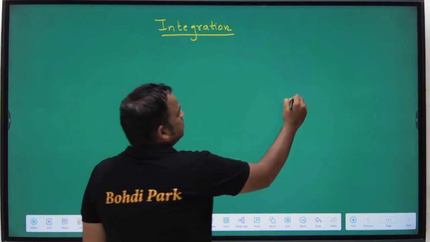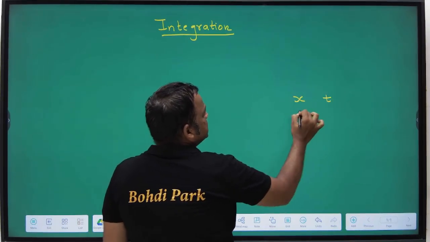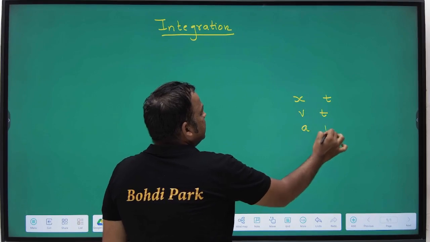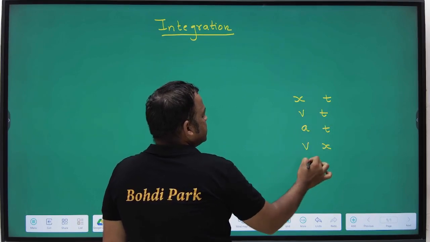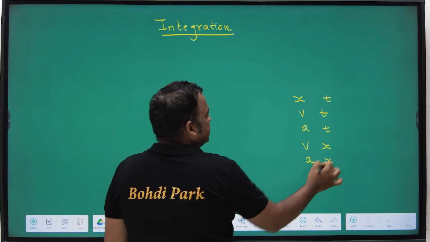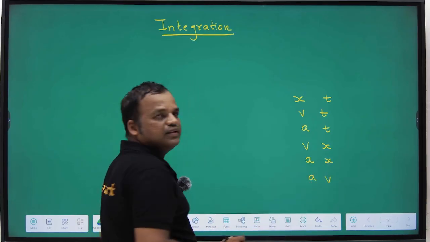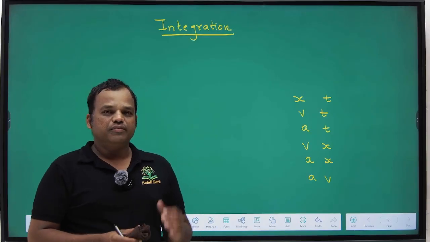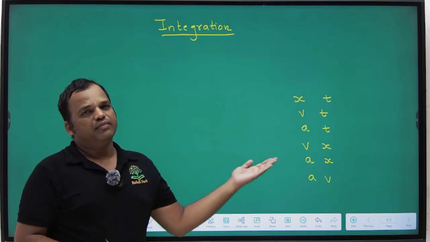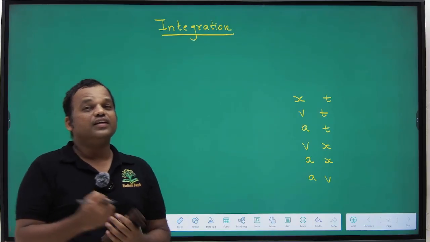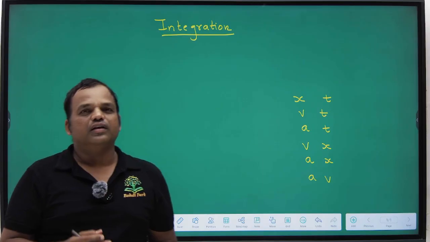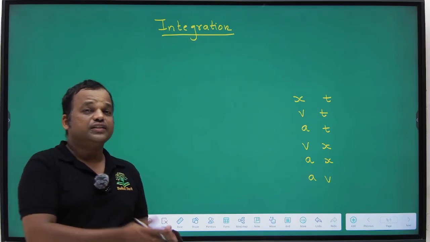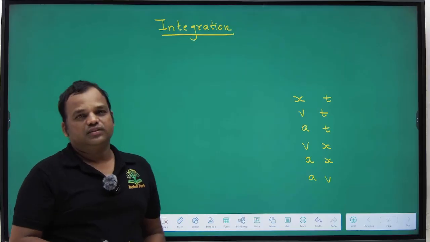So basically, we have x-t relation, v-t relation, a-t relation, v-x relation, a-x relation, a-v relation. So we can have any relation among these. So how is integration involved in solving questions related to these relations?